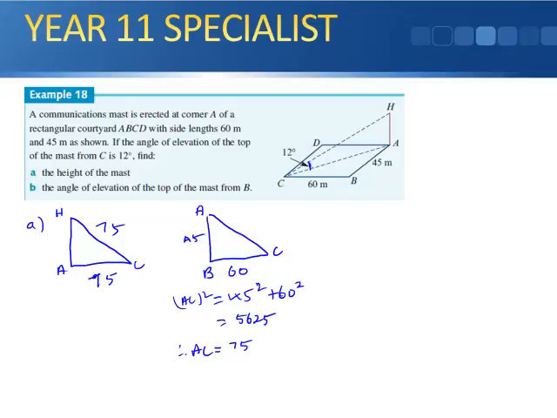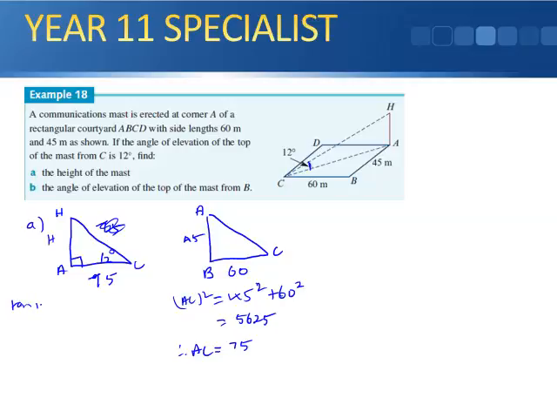And I also know that this is 12 degrees in here, 12 degrees in there, and I need to find this height here. So I've got opposite and adjacent, so I'm going to use tan.